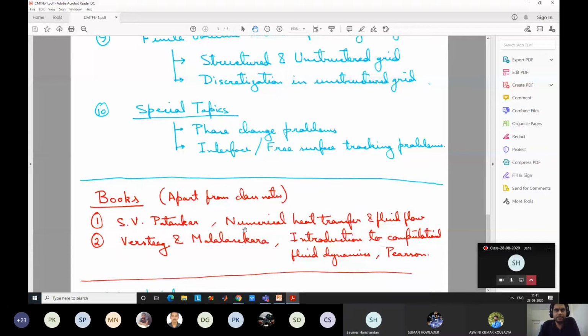He was one of the pioneers in developing CFD techniques, as you will learn later. There is another very good book by Versteeg and Malalasekera, Introduction to Computational Fluid Dynamics. You can also go through this second book, and it has more details. It was written later, while the first book was written long back in the 1980s.